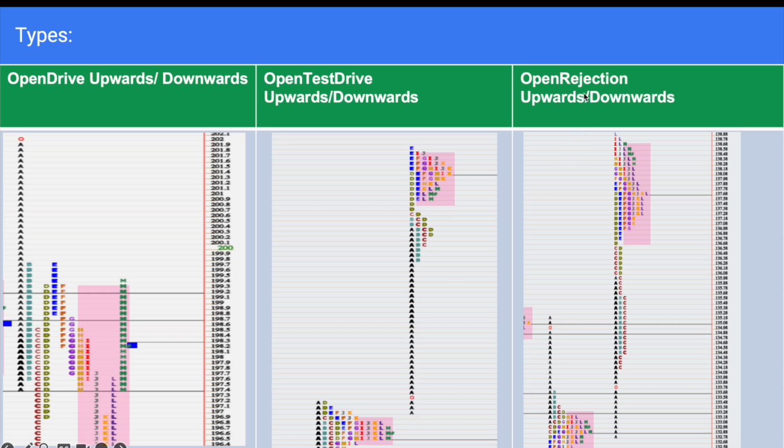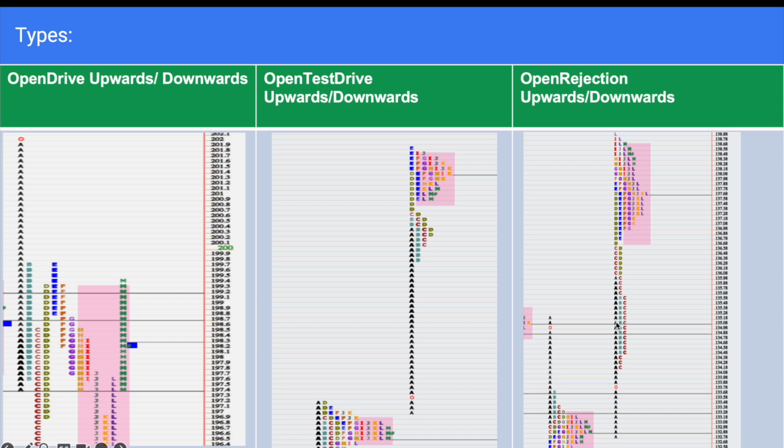And in open rejection upward or downward, the number of TPOs below open is quite large. In test drive it is normally 3 to 4 TPOs, but if it is greater than that, we mean to say that the market initially tried to go down, but then it rejected. So it tried to test yesterday's POC, but then it got rejected and started to move upwards.